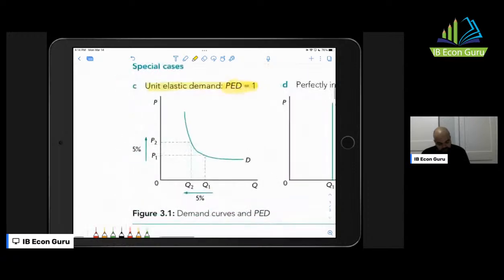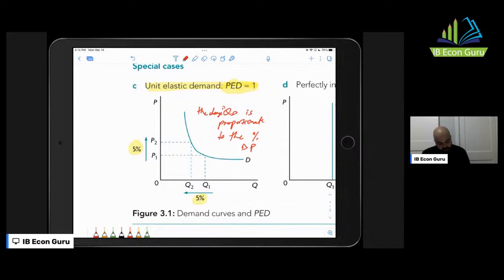This happens when the percentage change in quantity demanded is proportionate to the percentage change in price, okay? Maybe I should say the change in quantity, not the percentage, because I'm already saying proportion.